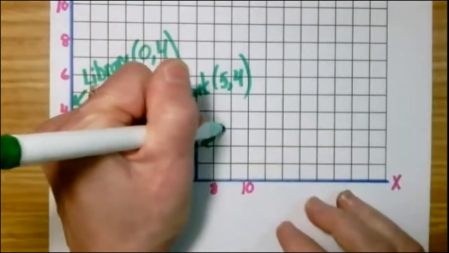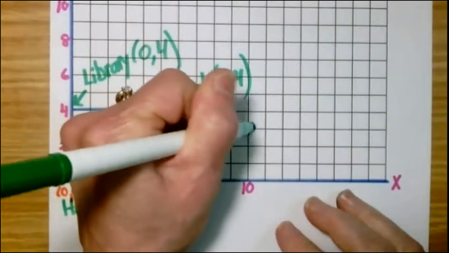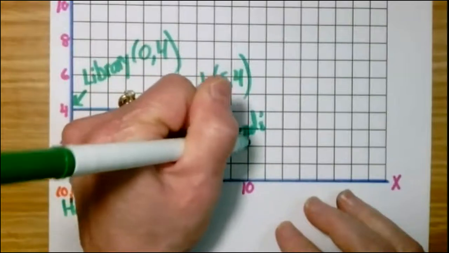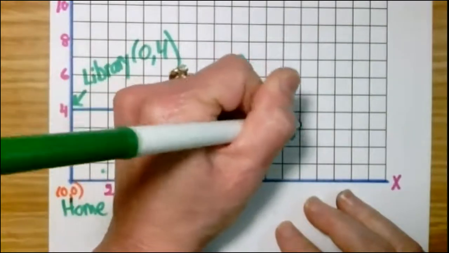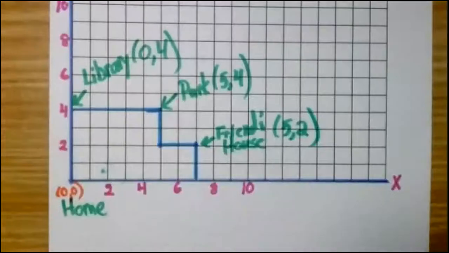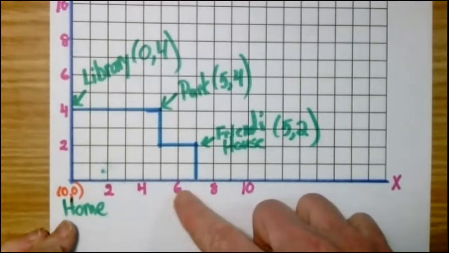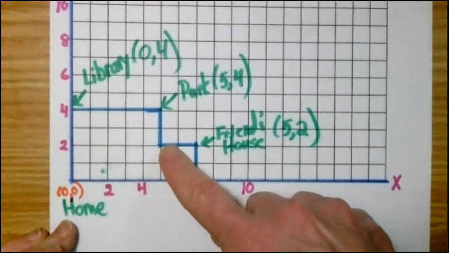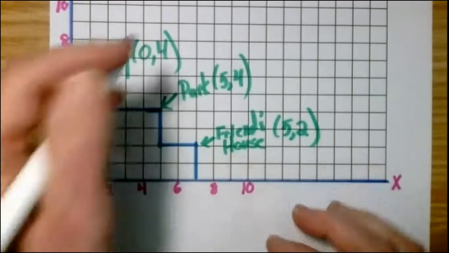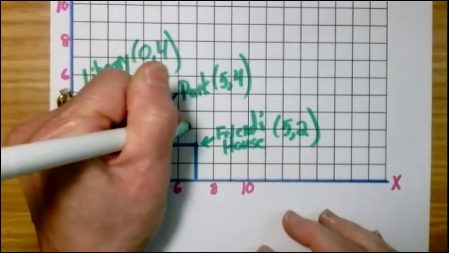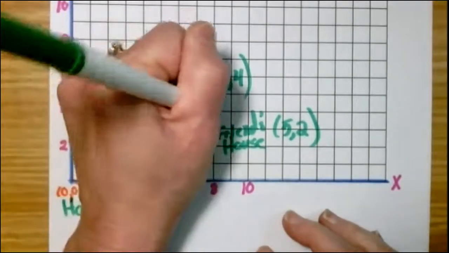Then we have friend's house, 5, 2. So this is 5, 2, friend's house. And the pond is 7, 2. Oh, friend's house is here. Oops, my error. Friend's house is 5, 2.